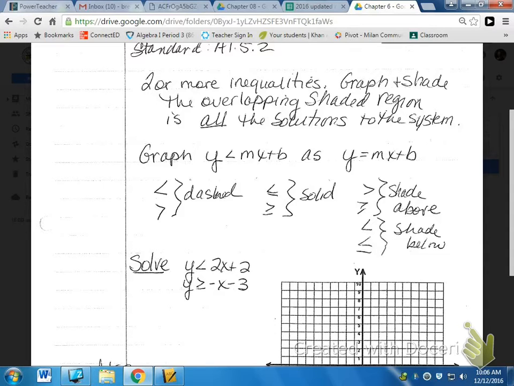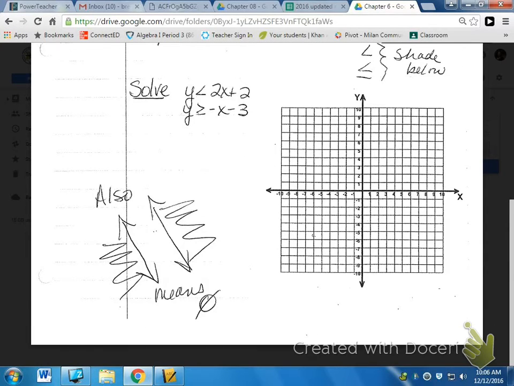So let's look at an example. y less than 2x plus 2 and y greater than or equal to negative x minus 3. I'm going to start with the first one, and I'm going to make this one in red. So y less than 2x plus 2.